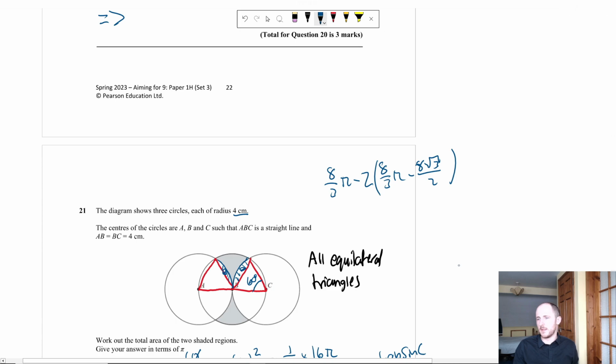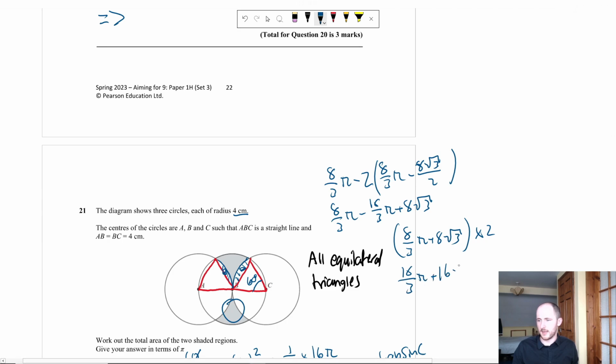Yeah. So open that out. 8 over 3 pi minus 16 over 3 pi plus 8 root 3. Simplify that. You get minus 8 over 3 pi plus 8 root 3. And then to get the bottom section as well, we times this whole thing by 2, which again gives us minus 16 over 3 pi plus 16 root 3. So hopefully that makes a bit more sense than my previous answer.